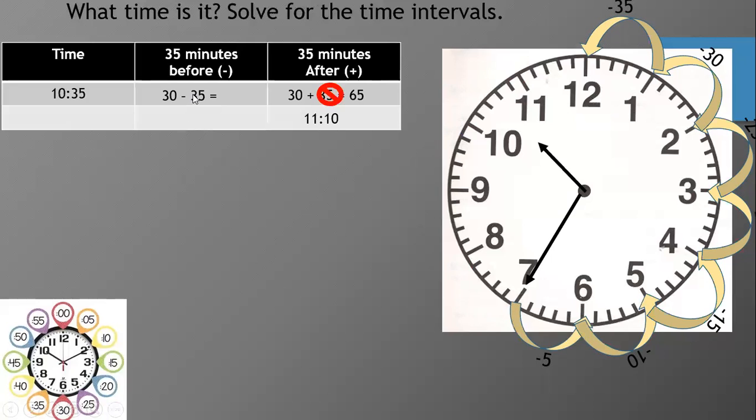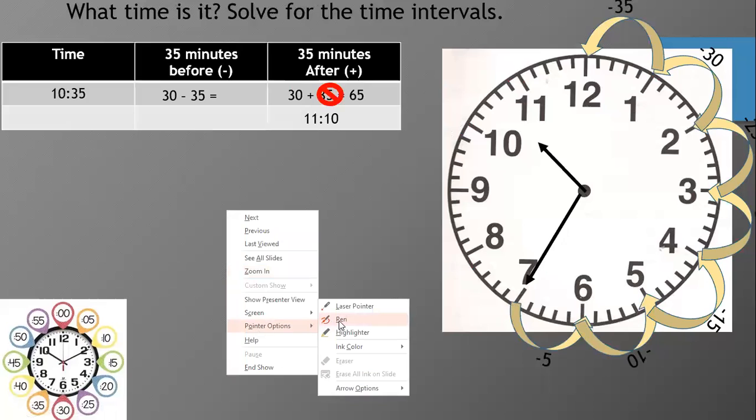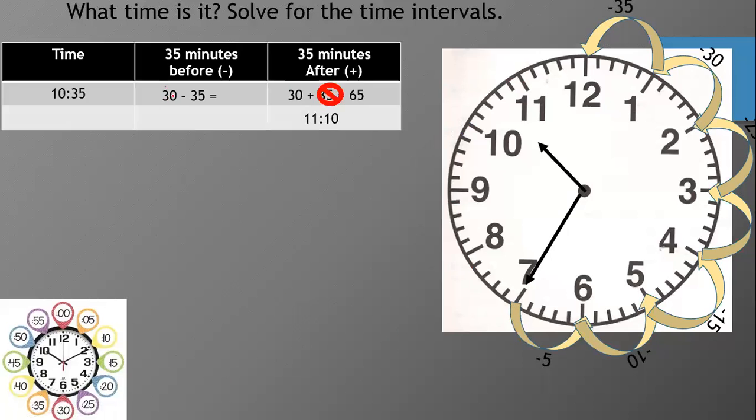We cannot use subtraction here for, well, actually we can. So for this one, it would be 35 minus 35, and that would give us 0. This would give us 0, okay?